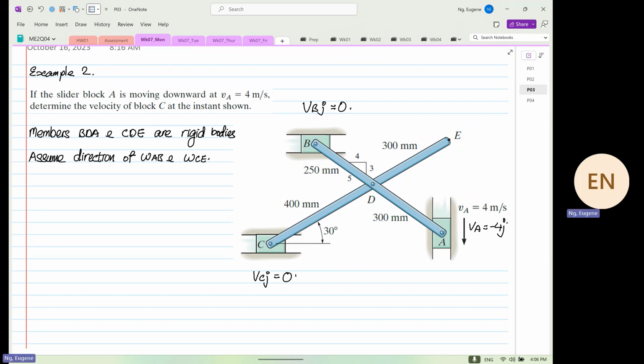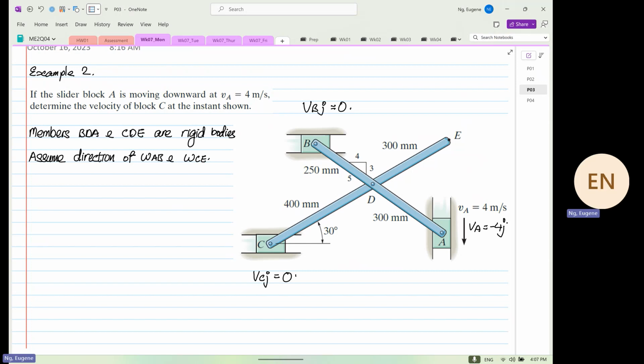So if we were to slide A down, right? If A were to slide down, member BDA will rotate in clockwise or anti-clockwise? Anyone? Clockwise, right? It makes sense. So you have to physically do it. Don't just sit there in the term test not knowing what to do.